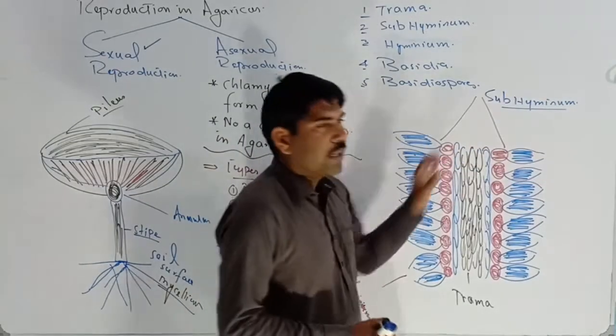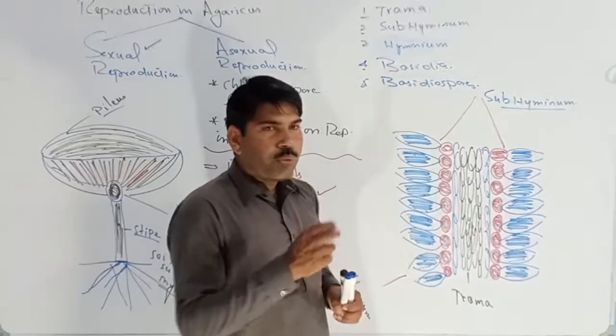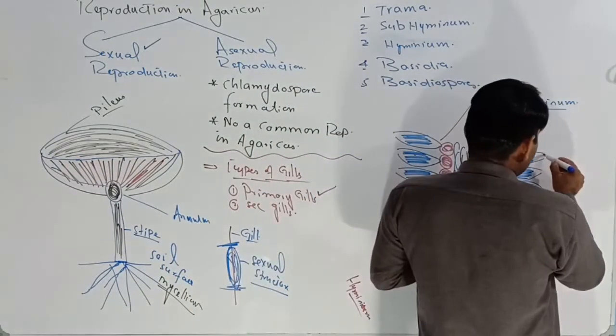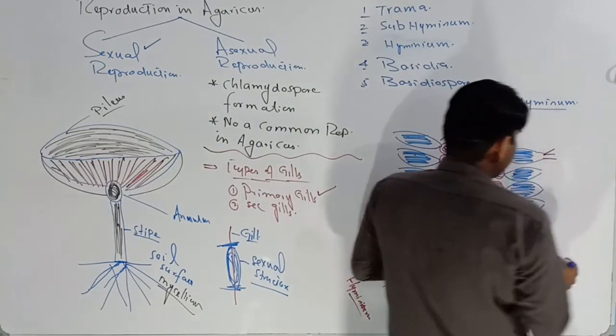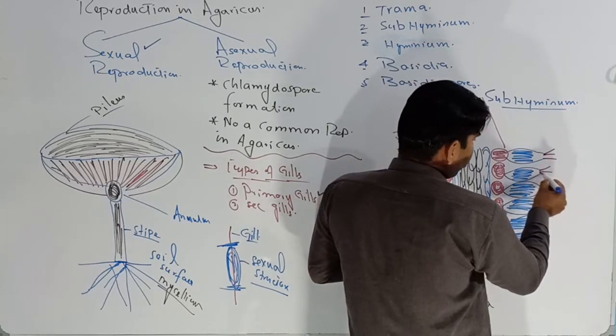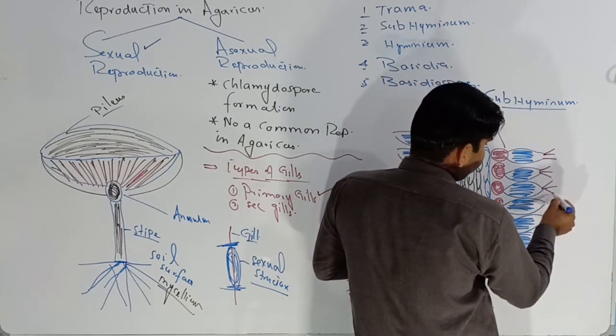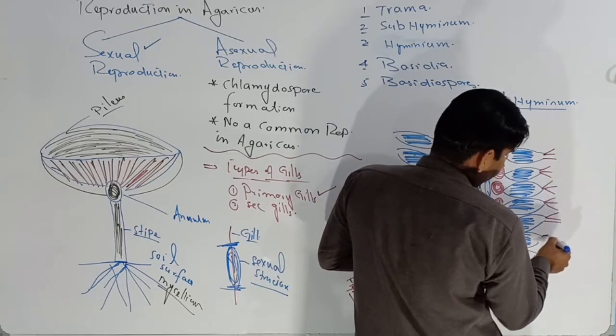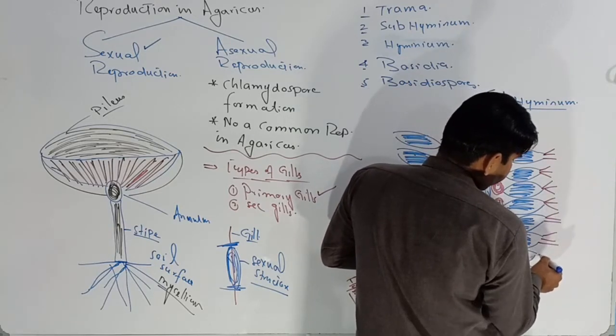Each basidium has 2 to 4 extensions like this. This is an extension, 2 to 4. But for our purposes, we are going to discuss only 3 or 2.